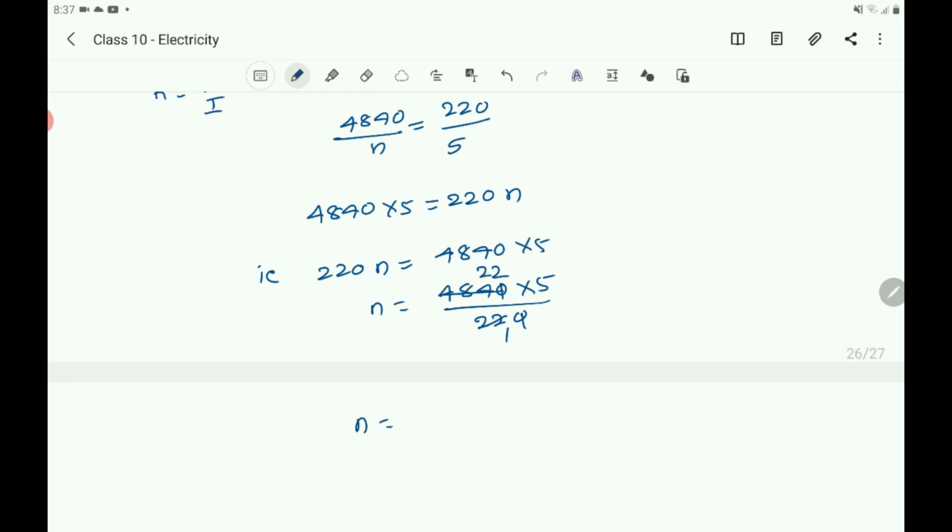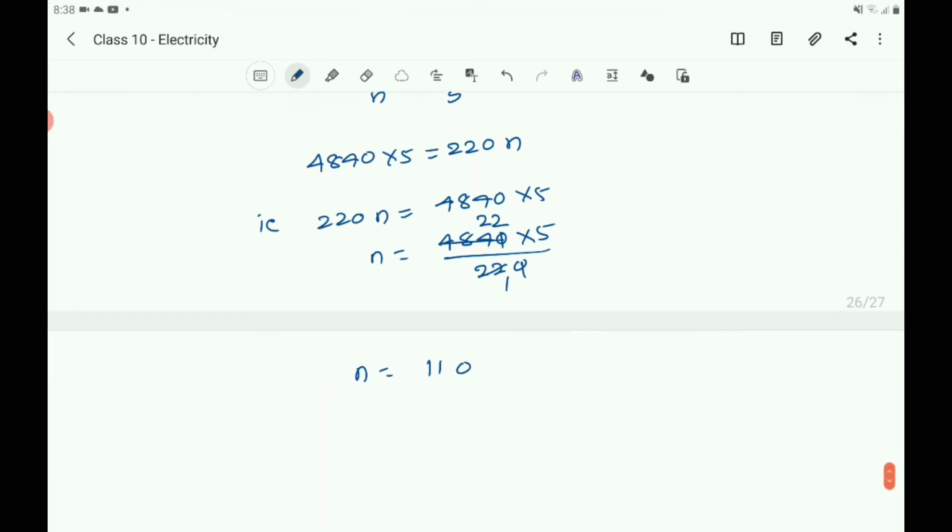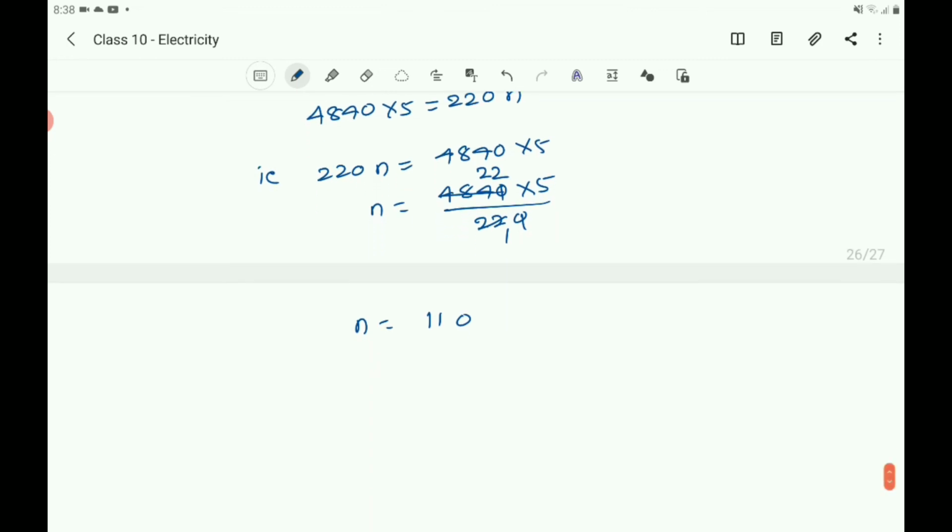Therefore n equals, here 0 cancels, and 22 22s are 484, and 22 5s are, you know that 2 5s are 10, 1 carrying, 2 5s are 10 plus 1, 110. Here totally how many bulbs are connected? There are n bulbs, means here we have got the value of n is 110. So 110 bulbs are connected in parallel, right?